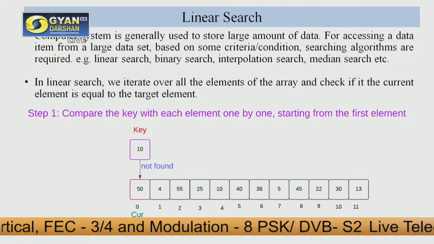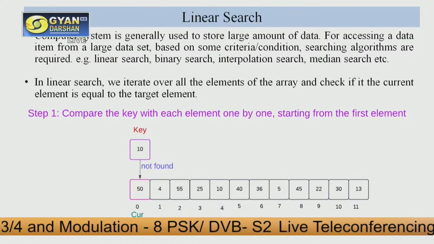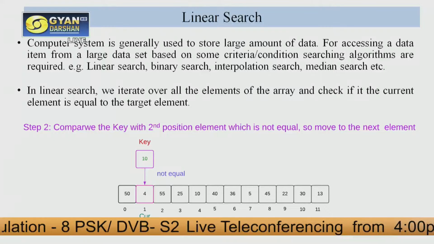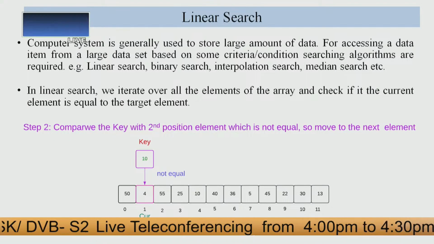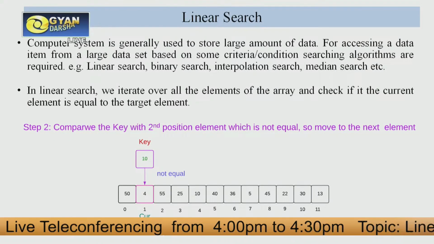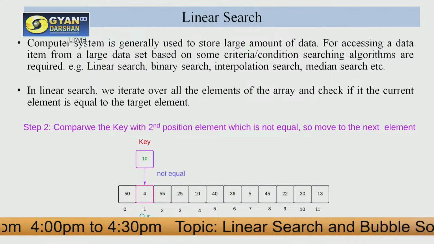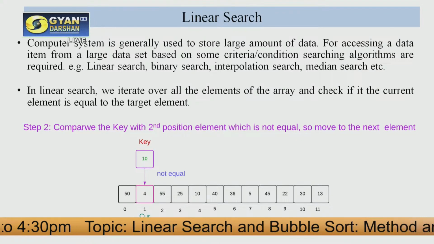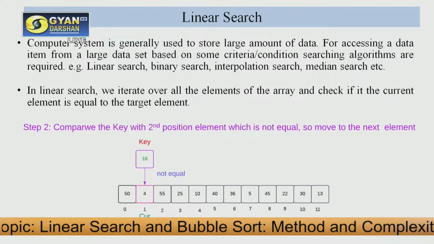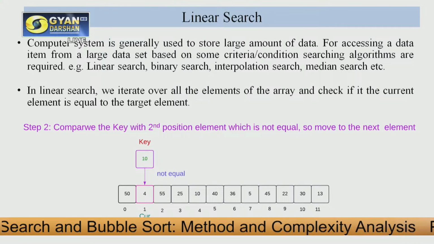Then we move toward the next location, and again we compare it with the key to be searched. Now the key at the current location is 4, which does not match the desired element.